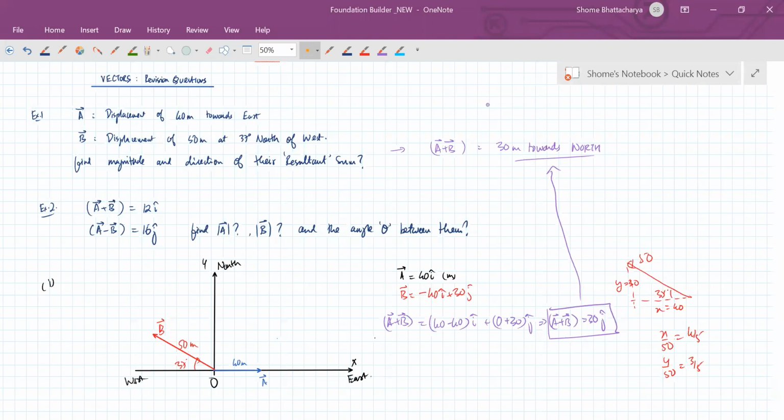Yes, 90 degrees with respect to A, that's correct. So that's another way you can do the question by using triangle law. You can see that vector A has a magnitude of 40, vector B has a magnitude of 50, and the angle theta between them is actually 143 degrees. Because this angle, you can see, so you can use triangle law formula also.